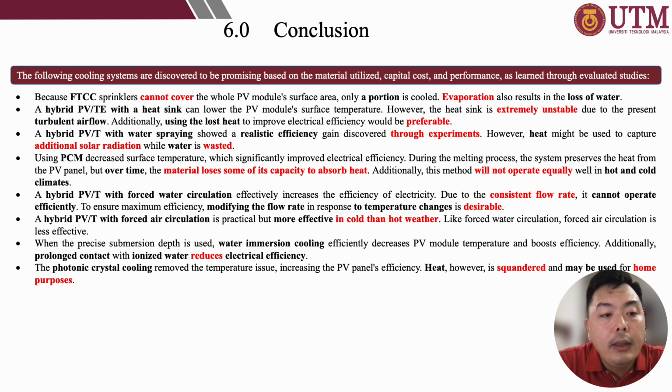A hybrid photovoltaic thermal with forced water circulation effectively increases the efficiency of electricity. Due to the consistent flow rate, it cannot operate efficiently. To ensure maximum efficiency, modifying the flow rate in response to temperature changes is desirable. A hybrid photovoltaic thermal with forced air circulation is practical but more effective in cold than hot weather. Like forced water circulation, forced air circulation is less effective.